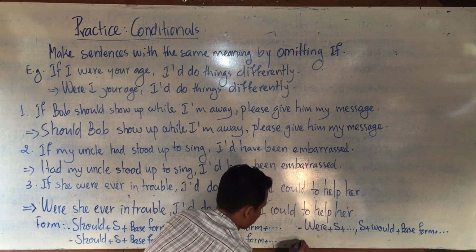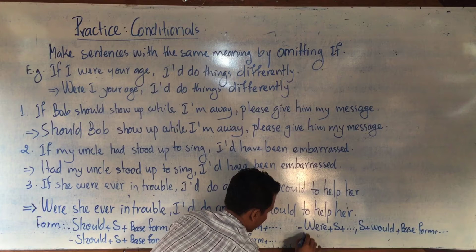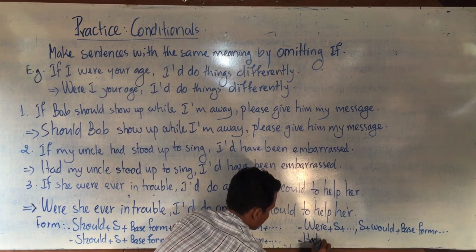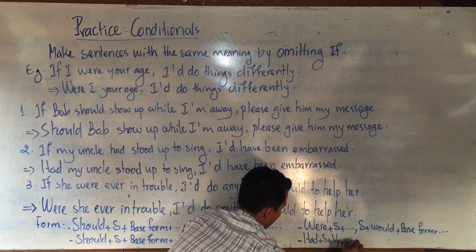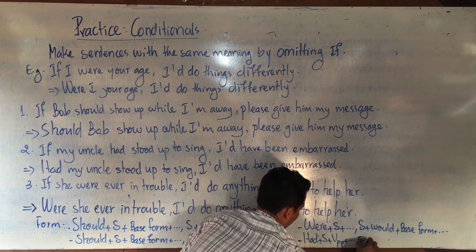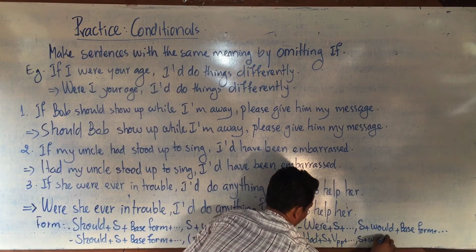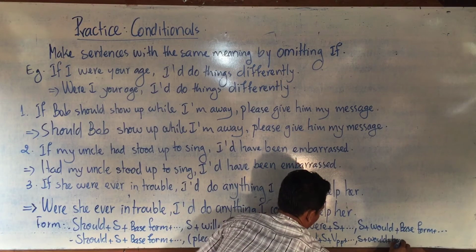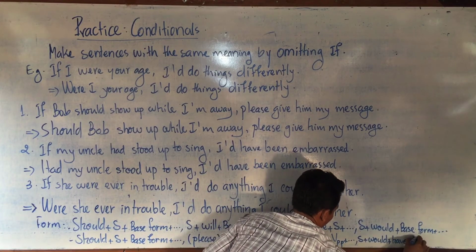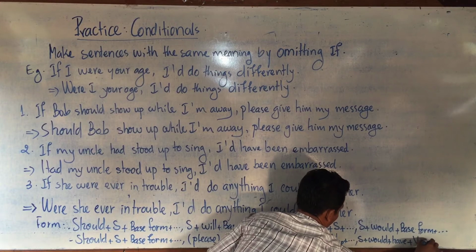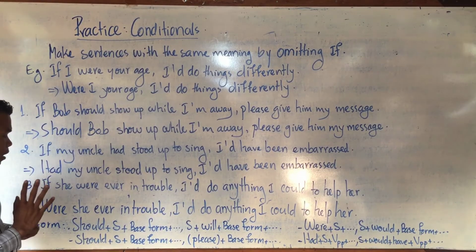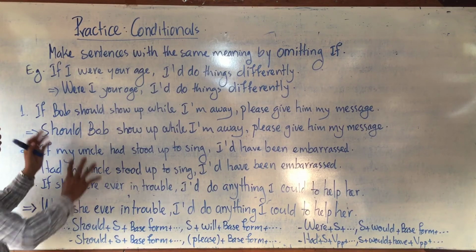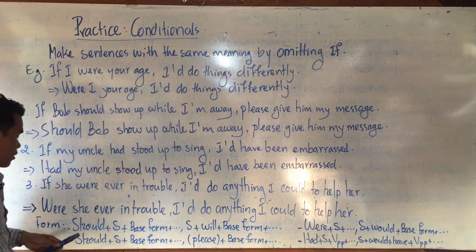How about the third? In the third we use had, subject, verb past participle, subject, would, have, verb past participle, blah blah blah. According to this practice, we have three conditionals in which we can use our if-omitting clause.